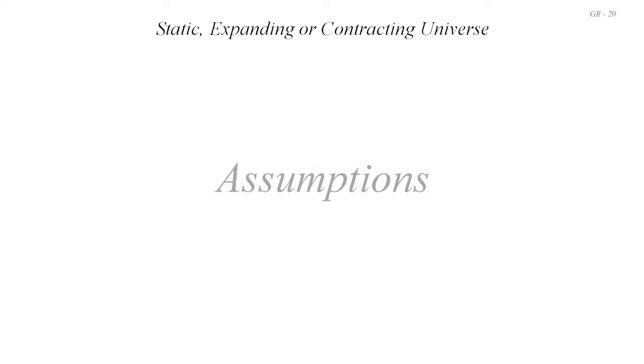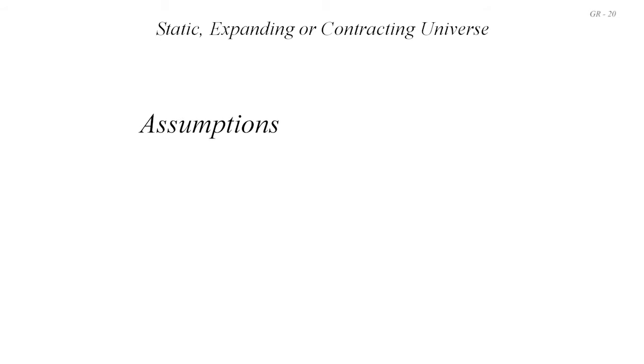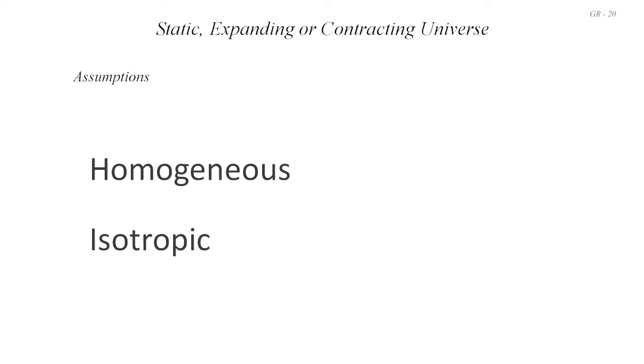Clearly, if we want to try and apply them to the whole universe in one go, and see what the cosmological constant's all about, we will need to make some fairly drastic assumptions and simplifications about the universe. And the two main assumptions that are usually made are that the universe can be taken to be homogeneous and isotropic.